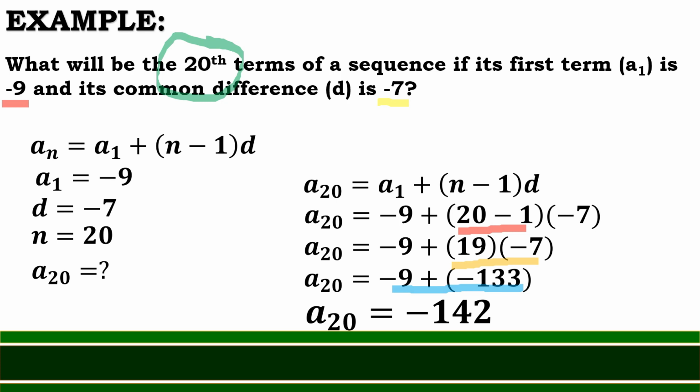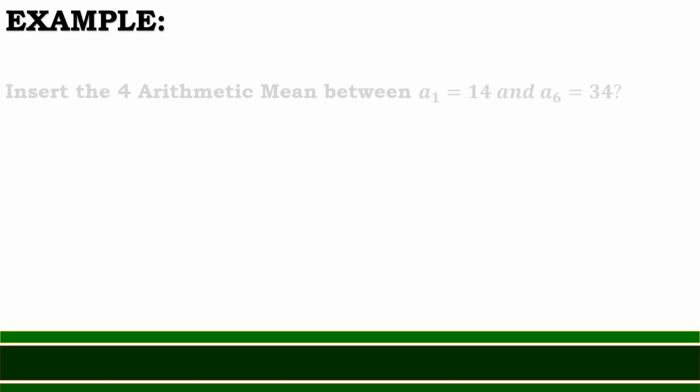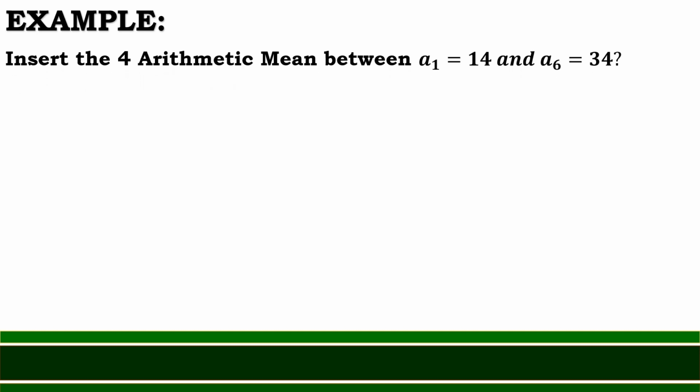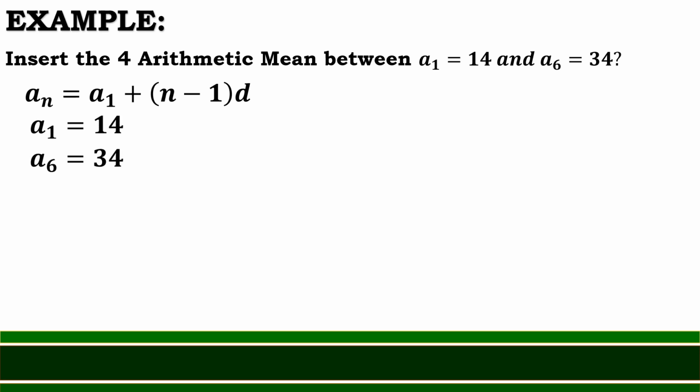Okay, so how about this? Insert four arithmetic means between a sub 1, which is 14, and a sub 6, which is equal to 24. Okay, so balikan natin yung tinalakay natin last time. So, we need to use the formula. Yung pagkakaiba lang, ang given dito ay yung first term, which is 14, at yung last term, which is 24.